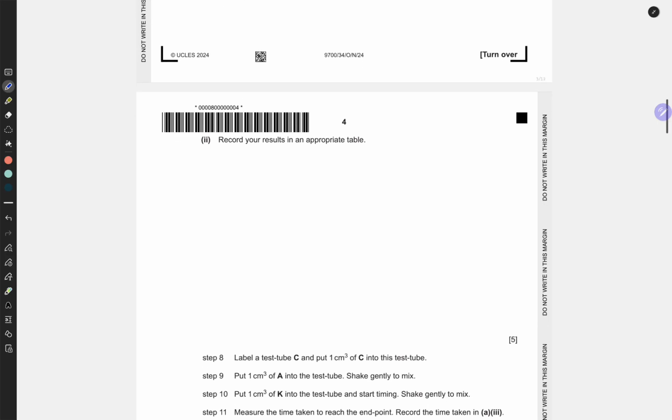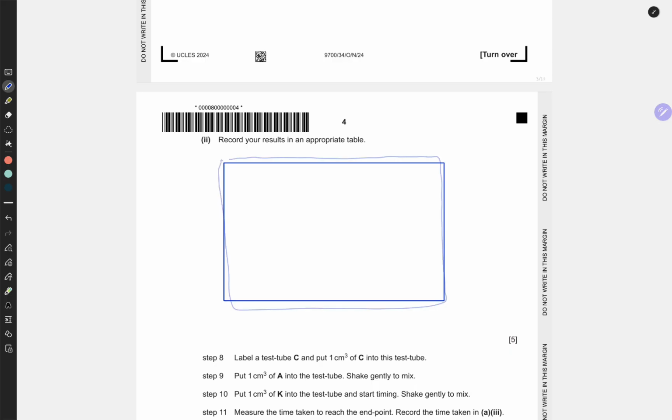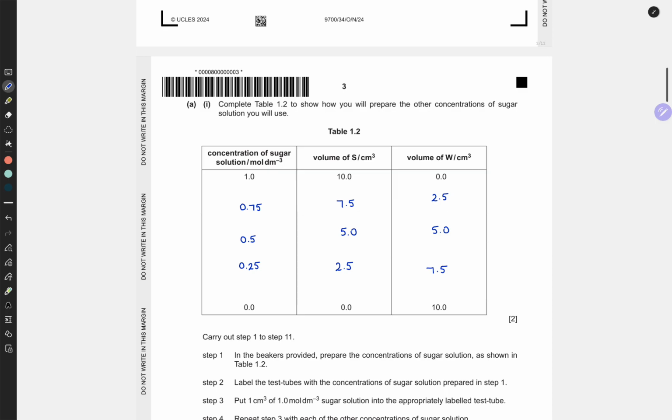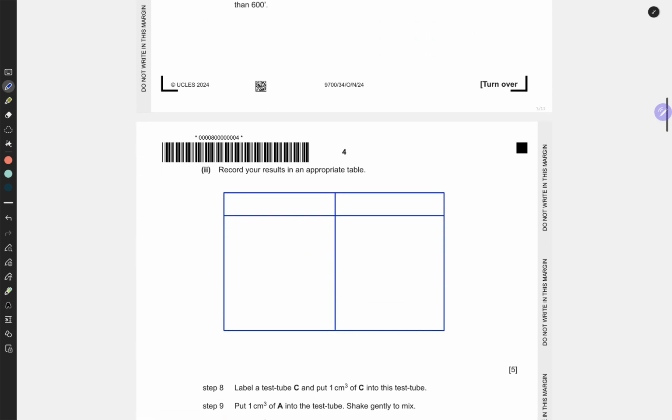So then, to draw the table, of course with a ruler, the table will contain 2 columns, and of course the row for the heading, and then we used 5 concentrations, so add 5 more rows.